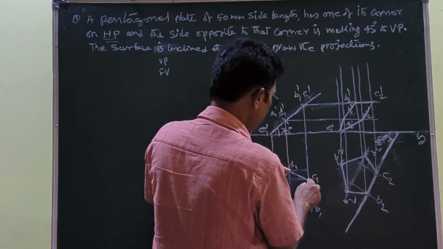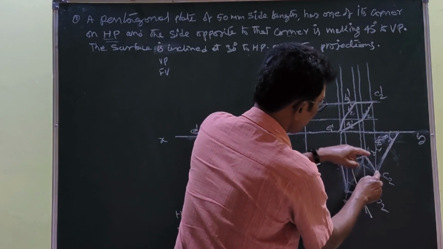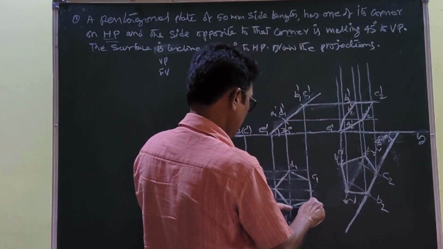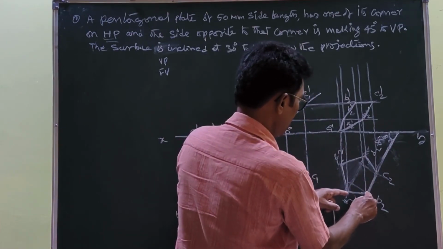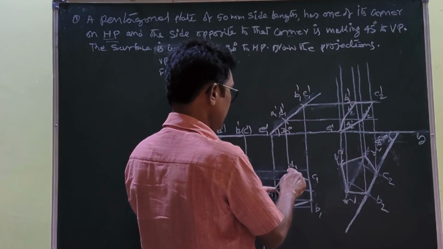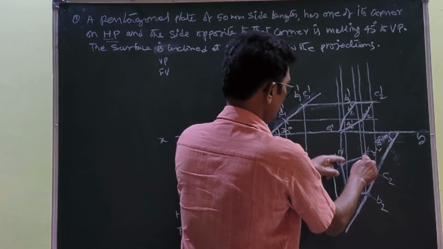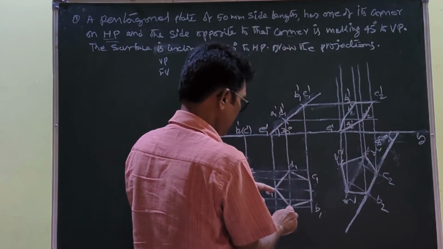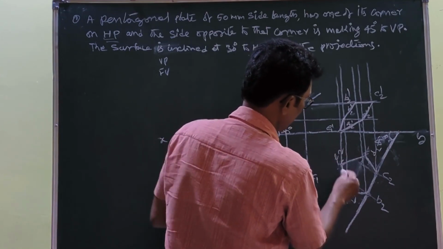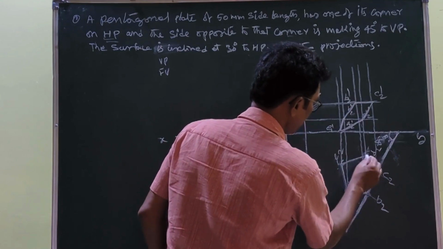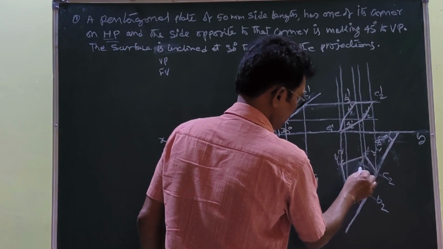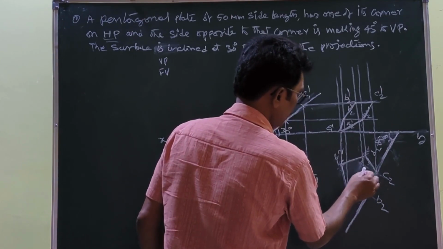Then you take this as a radius, C1 as a center, you cut this line, and B1 A1 as a radius, B2 as a center, you cut it here. Then D1 E1 as a radius, D2 as a center, you draw an arc. A1 E1 as a radius, A2 as a center, you draw an arc. They intersect here. Then you join these points. You can get this surface. This is the top view diagram.